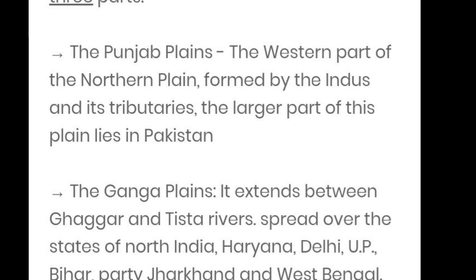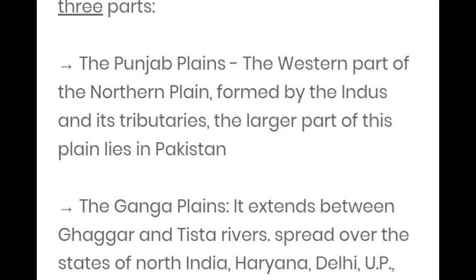What are the tributaries of river Indus? We have Jhelum, number 1, Chenab, number 2, Ravi, number 3, Beas, number 4, and Satluj, number 5.